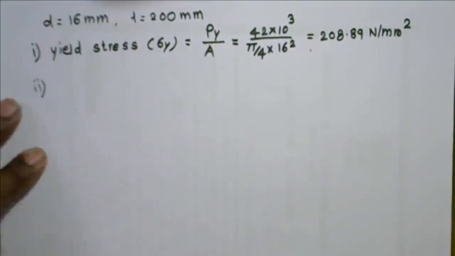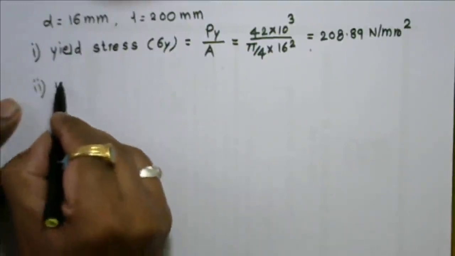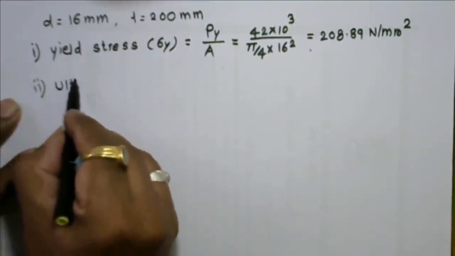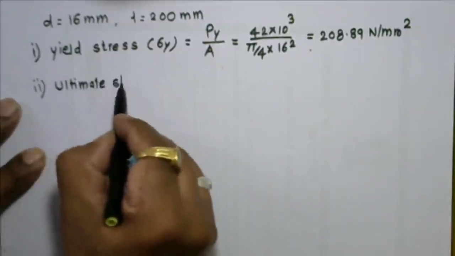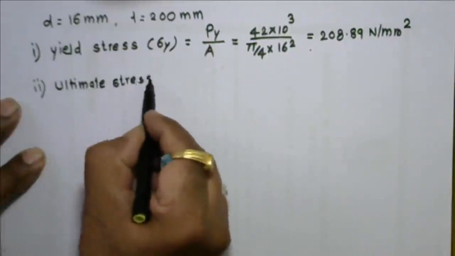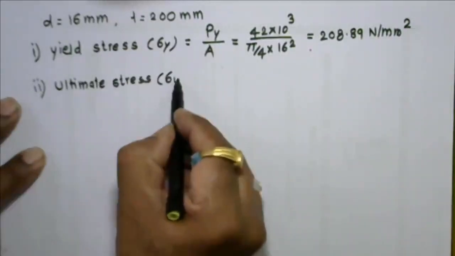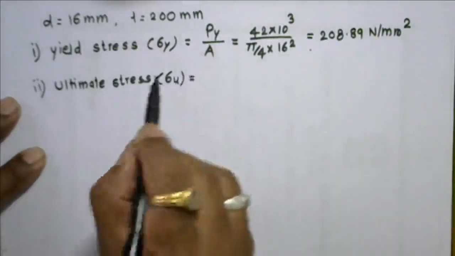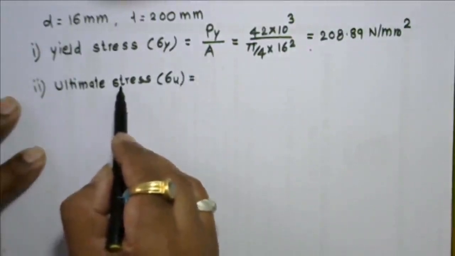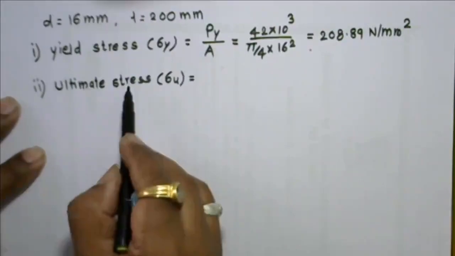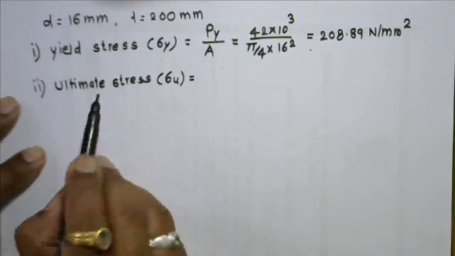Now second, ultimate stress. Ultimate stress, we may say sigma u, is nothing but the maximum stress, the maximum load carrying capacity of the material, and the maximum load is given.